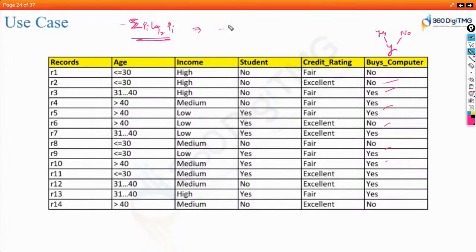So minus, we have to see how many yes there are: minus P of yes, the probability of yes cases, log base 2 of P of yes, minus P of no, log base 2 of P of no. That's the equation. If you calculate the probabilities and substitute them into this, you'll be able to get the result.